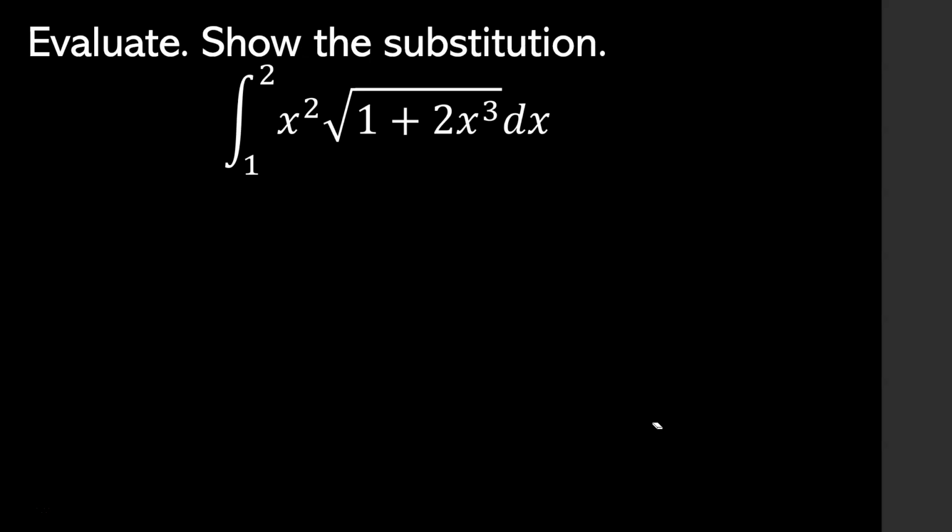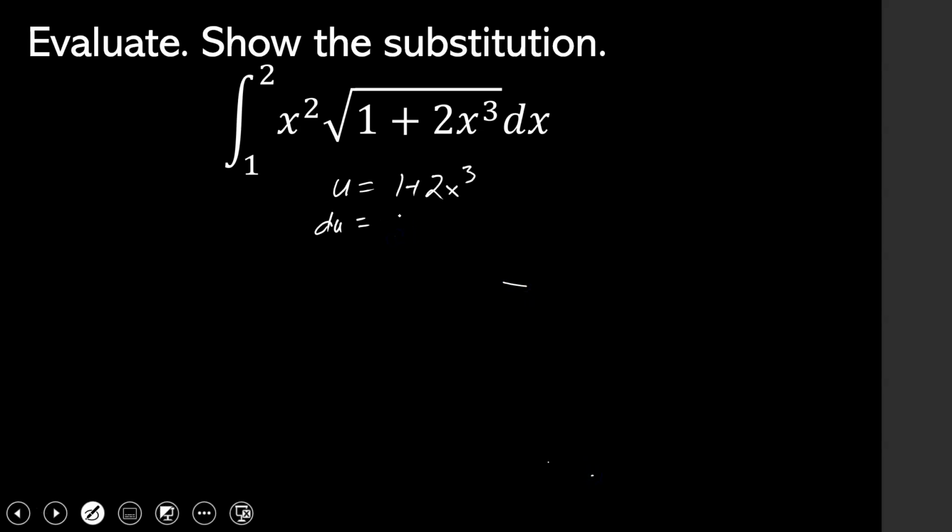I believe I showed you on the last page. So hopefully you can see 1 plus 2x cubed has a derivative involving x squared. And, oh man, I have to show the substitution. So I'll say u is equal to 1 plus 2x cubed, which would make du 0 plus 6x squared dx.